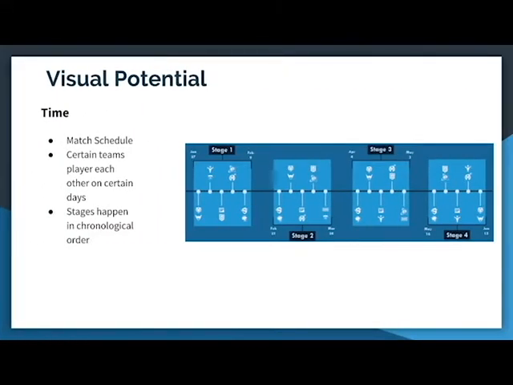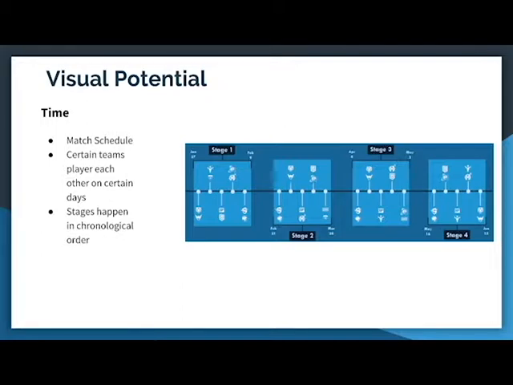The next piece of information I used for my time display is the match schedule for the Dallas Fuel matches. This is a bit obvious because a schedule is just in chronological order, and the match schedule is also divided into stages 1, 2, 3, and 4.